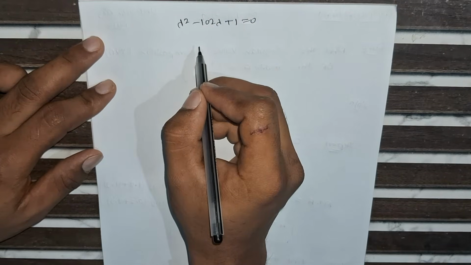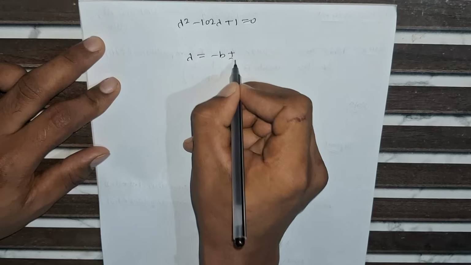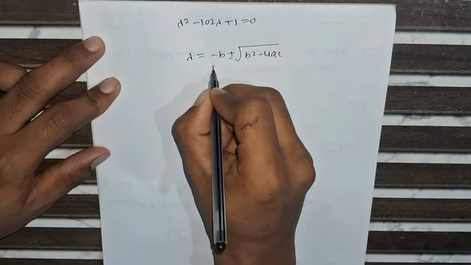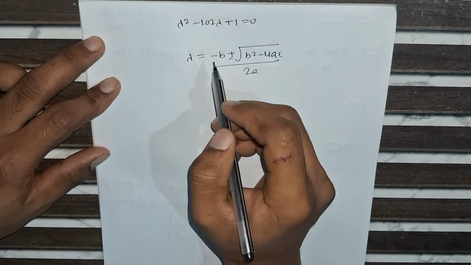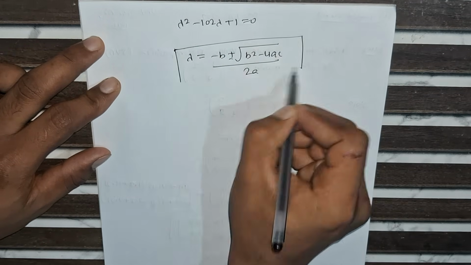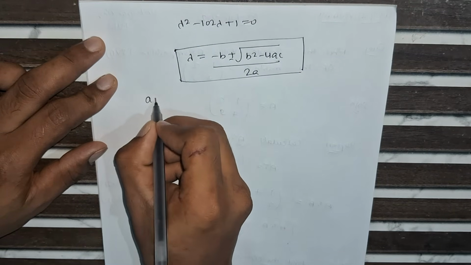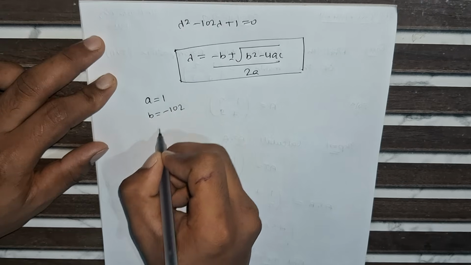Using the quadratic formula, lambda equals minus b plus or minus the square root of b square minus 4ac, divided by 2a, because we can't directly get the value of lambda. In this equation, a equals 1, b equals minus 102 and c equals 1.